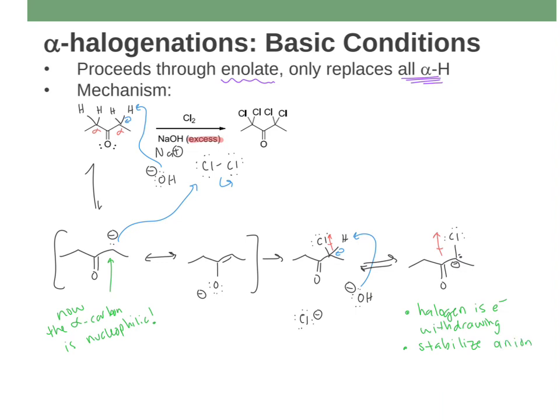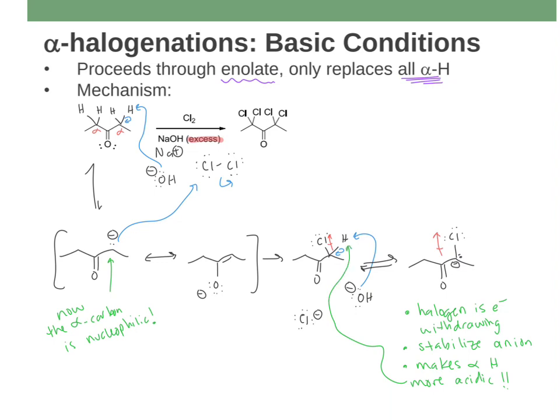Because the anion had too many electrons, that's why it's negative. So if you pull electrons away, that makes it more stable. So it actually stabilizes the anion, which makes the alpha hydrogen more acidic. So now it made this alpha hydrogen right here more acidic.